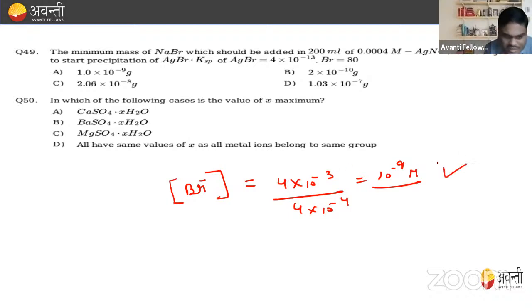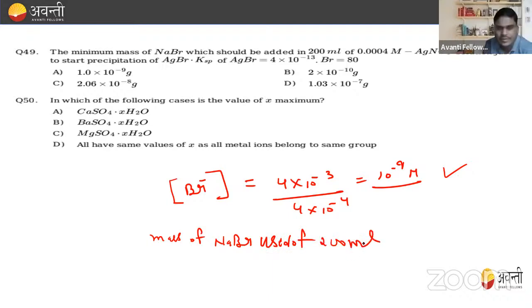So the concentration of this comes out to be 10 to the power minus 9, right? Now, what is the mass of NaBr? So the mass of NaBr used in 200 ml, right?